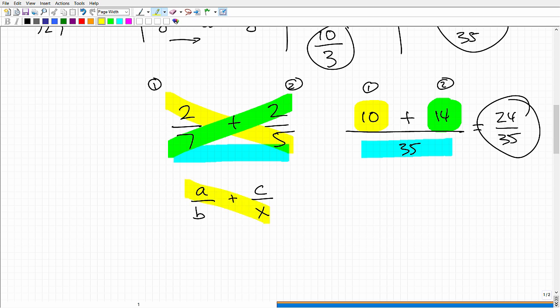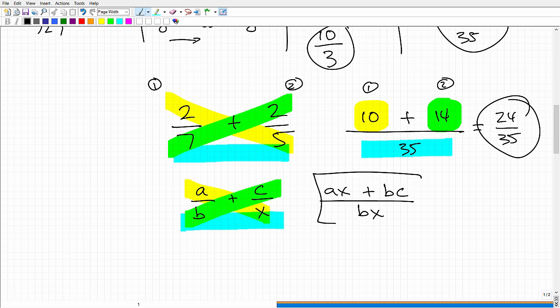This times this, right, is what? A times X is AX plus, let's go ahead and do this now. B times C is BC over, and get our denominator, BX. And this is the correct answer, okay? So when you're dealing with variable fractions, this is very easy. You need to know this technique, okay?